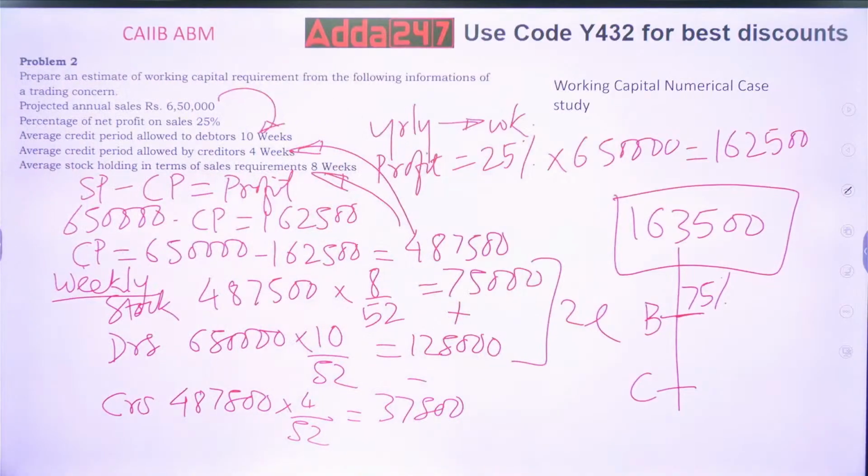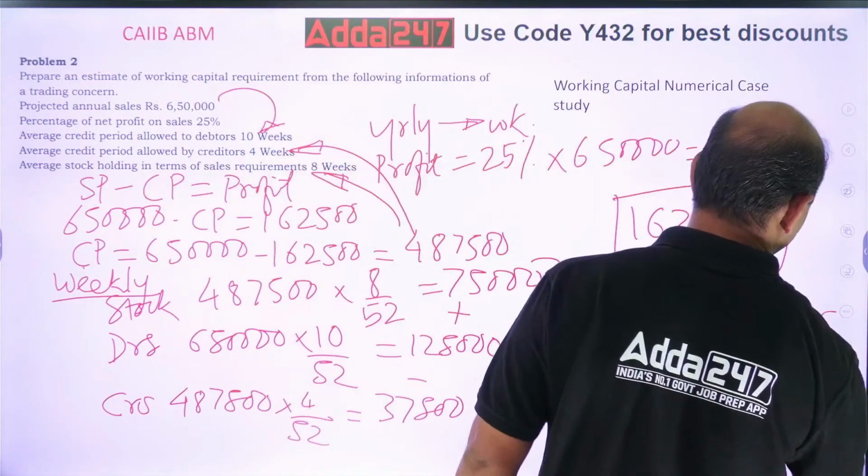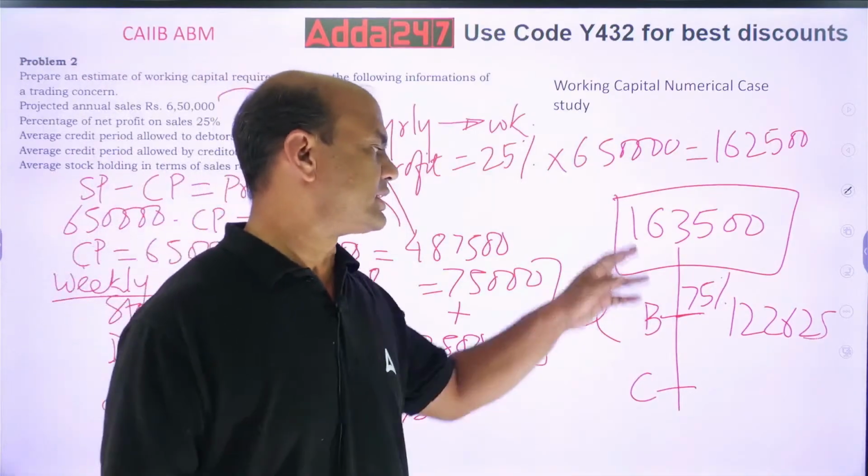Everyone, do it. I'll also try it. I'm getting the answer as 1,22,625. And what is the remaining figure? So 163,500 minus this.